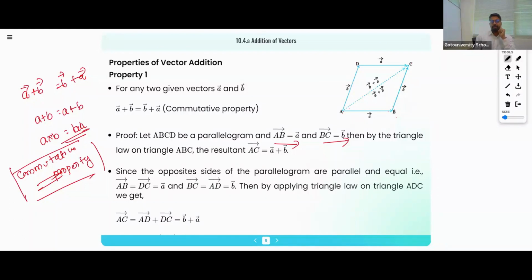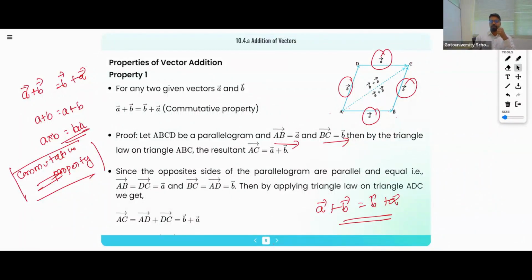Then by applying the parallelogram law of addition, we get AC. AC is equal to B plus A, or the same AC is equal to A plus B. So it doesn't matter in which order you are adding. A plus B is equal to B plus A. So it is the commutative law, right?